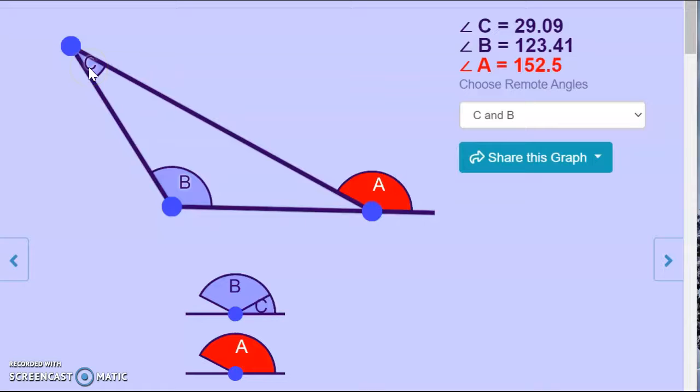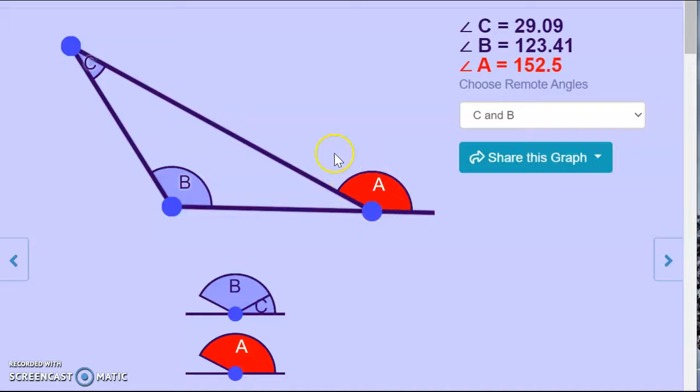Angle C plus angle B is going to add up to the exterior angle. So the 2 opposite interior angles, not the one right next to the exterior angle, would add up to be the same as the exterior angle.